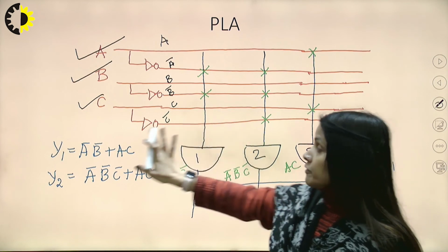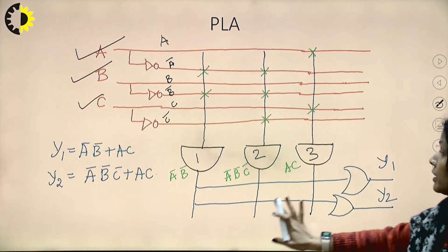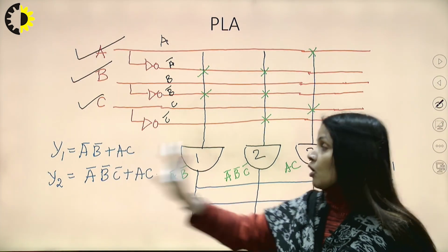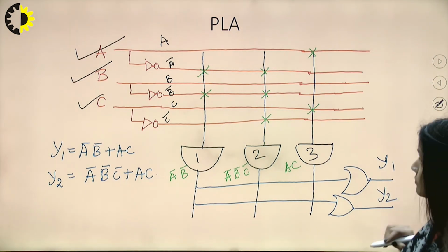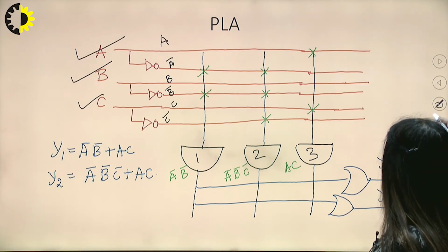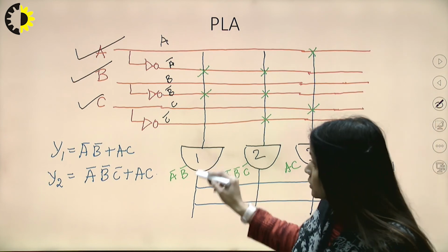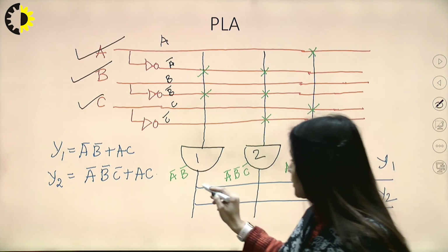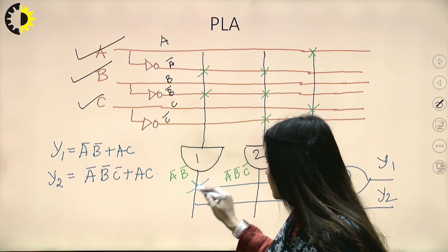Similarly, to get this Y1 and Y2, the next part will be that we will get these two outputs. Now coming to that, so Y1 is A bar B bar plus AC. So put a cross here on A bar B bar.